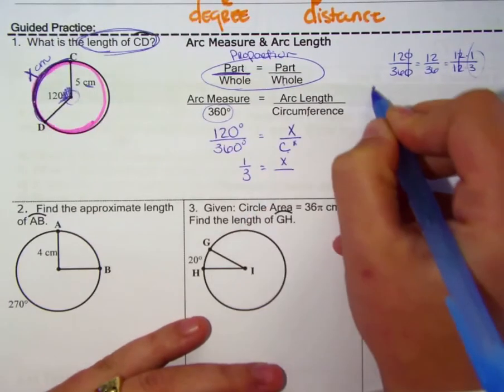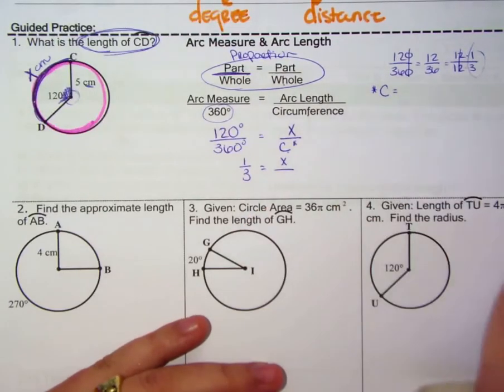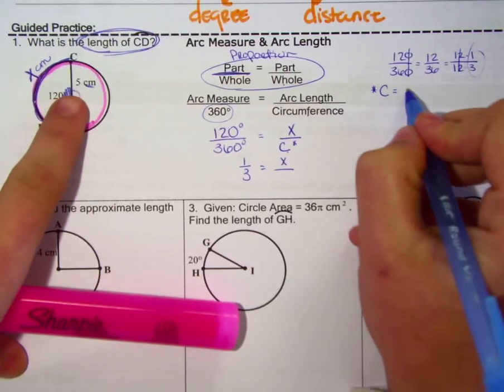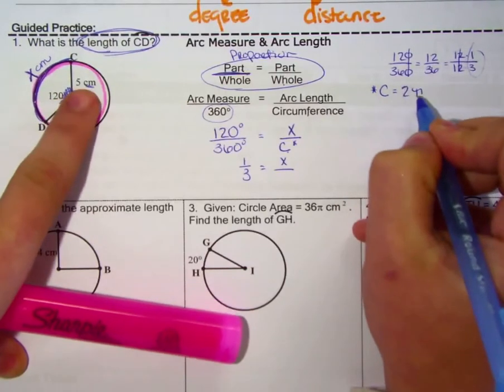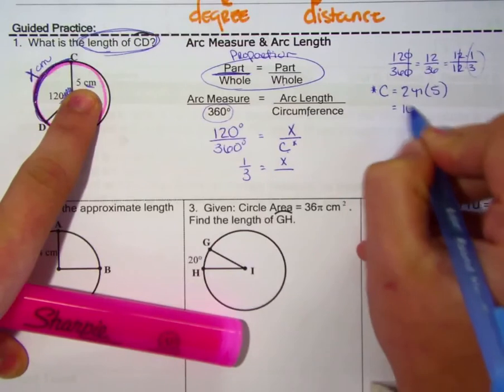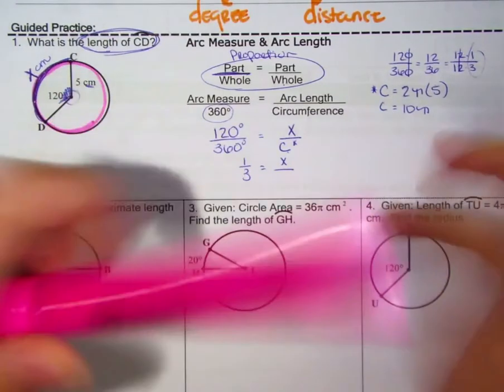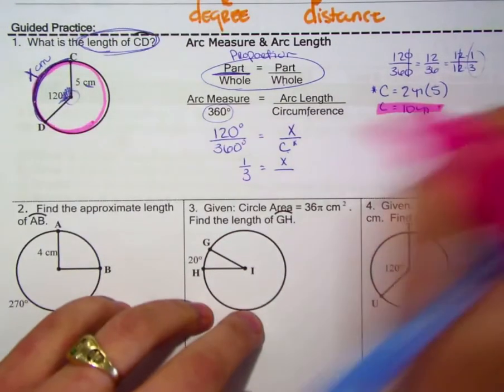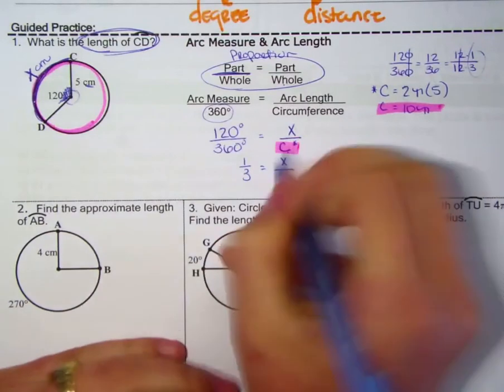Another piece of scratch work. We need to find the circumference, which we can do. It's 2 pi times the radius, which is 5. So that's 10 pi. My circumference is 10 pi.